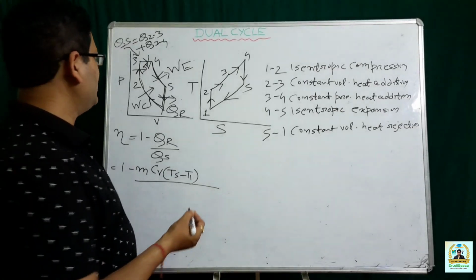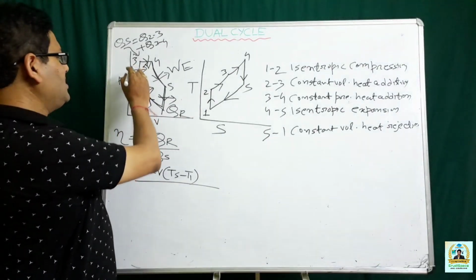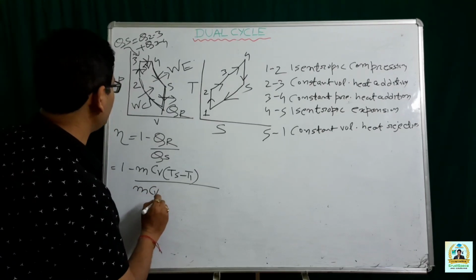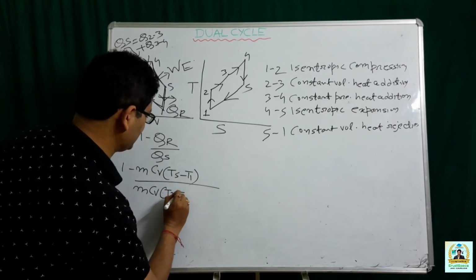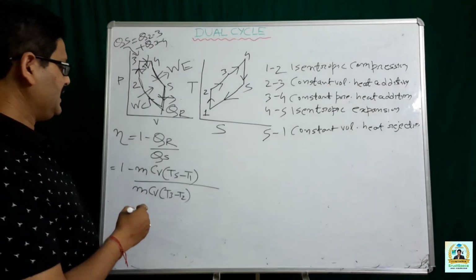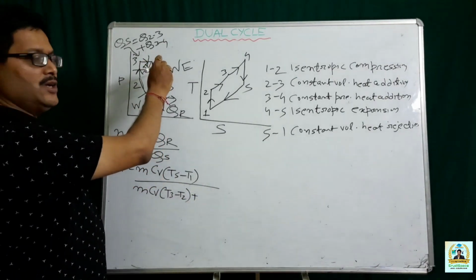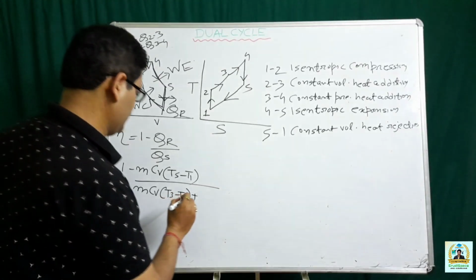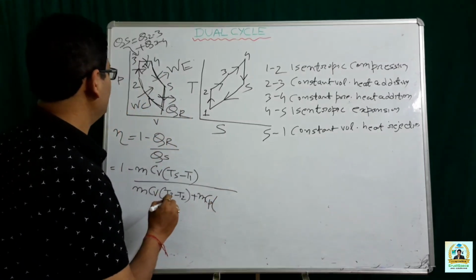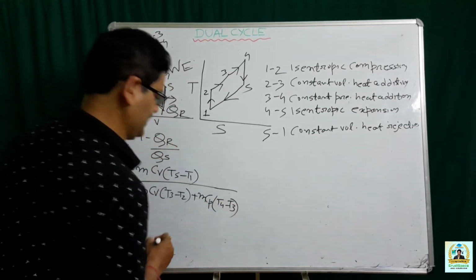I have already told you that the heat supply is taking place first at constant volume followed by at constant pressure. So this is mCv into T3 minus T2, that is the heat addition taking place in process 2-3, and then the heat addition taking place during process 3-4, where it is taking place at constant pressure. So it is mCp into the temperature difference, that is T4 minus T3.